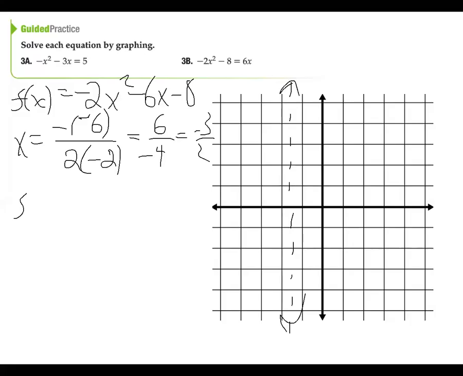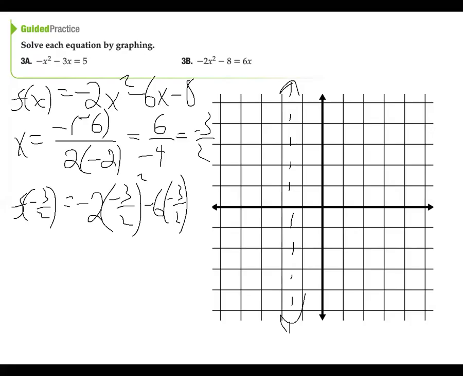If I plug that in, you get negative 2 times negative 3 halves squared minus 6 times negative 3 halves minus 8. So negative 3 halves squared is positive 9/4 times negative 2 is going to give you negative 18/4 plus 18 over 2 minus 8.